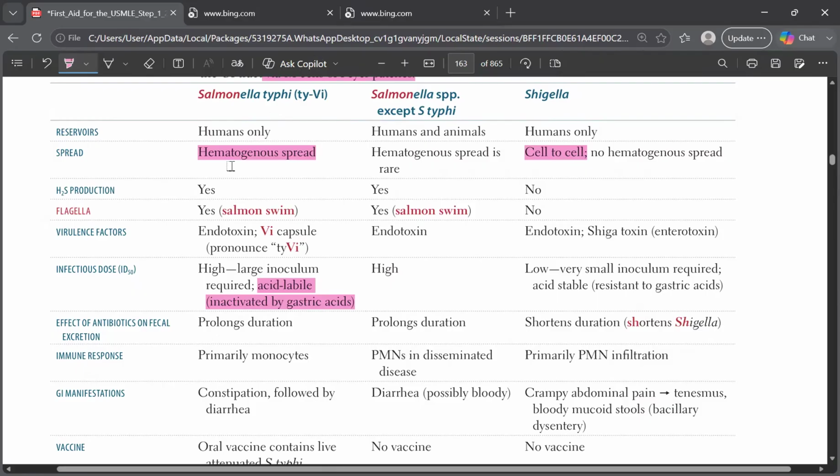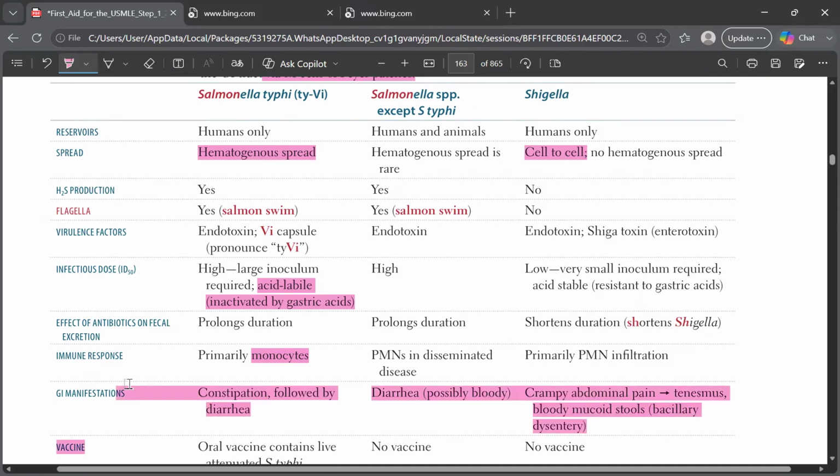Immune response of Salmonella typhi is primarily monocytes, and for other Salmonella species, it is PMNs in disseminated disease. I don't know what PMN is, but it is also present in Shigella.